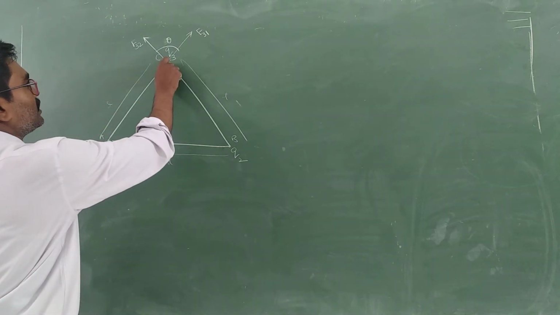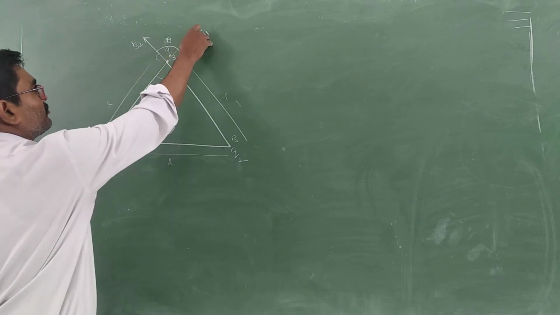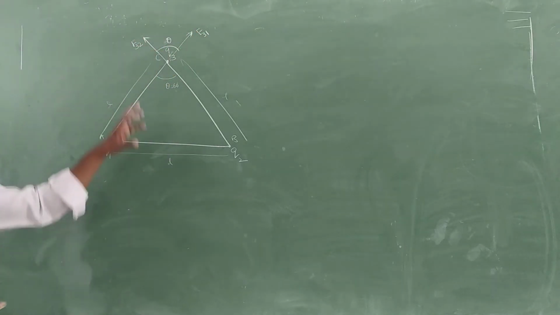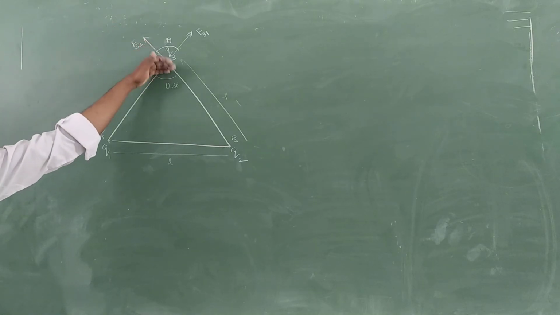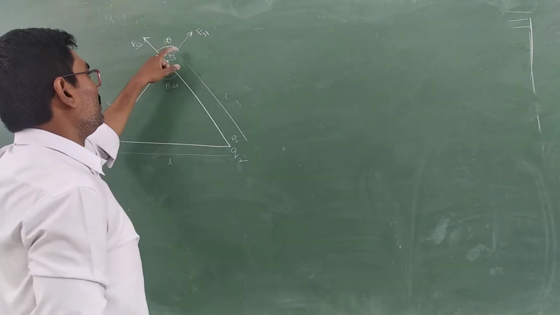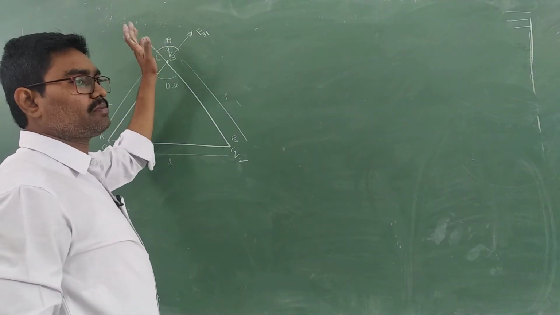Now one force is acting in this direction, the other force in this direction, at an angle. What do we need to do to find the resultant force? You have to use the parallelogram law of vectors: square root of P square plus Q square plus 2PQ cos theta.